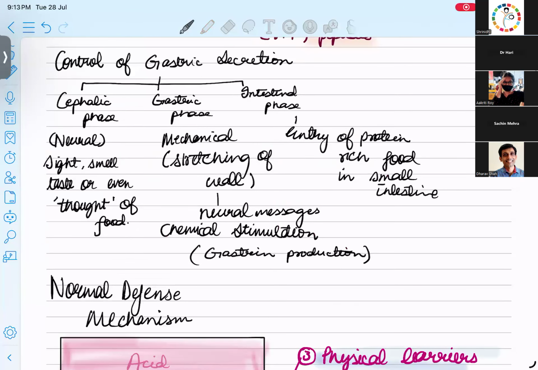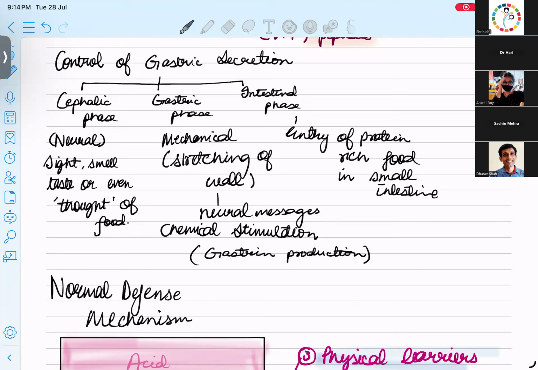One important physiological mechanism of control of gastric secretion has to be understood in three phases. So there is the cephalic phase, which is a neural phase, and it starts even before we get the food inside from our mouth.